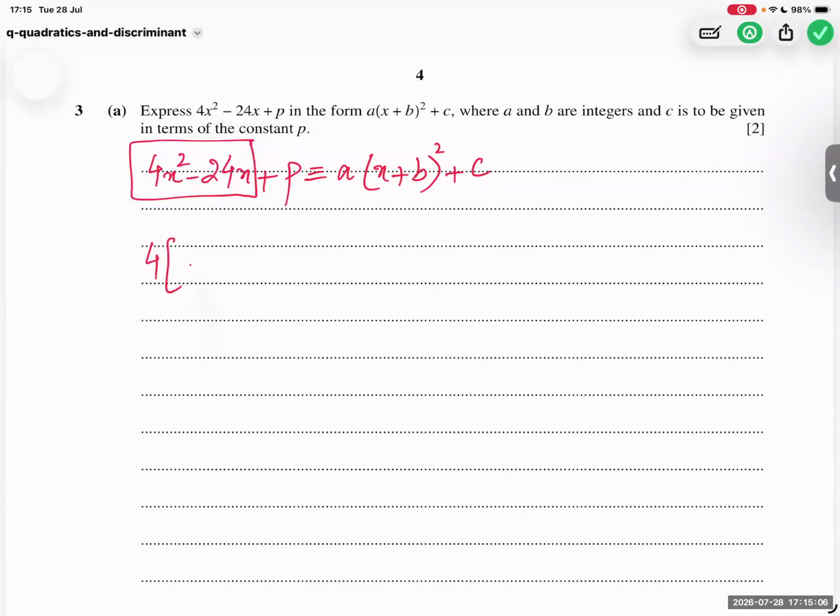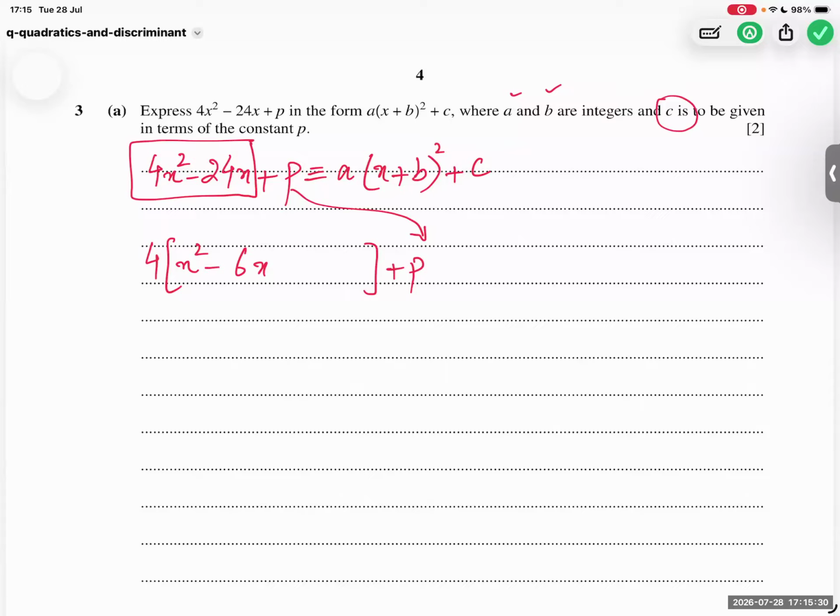Left hand side, that would be 4 into x square minus 6x, and you can keep p outside the bracket, okay? Where a, b, and c are constants to be given. A and b are integers and c is to be given in terms of p.